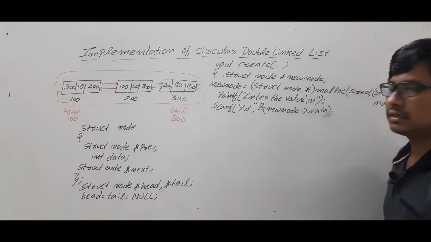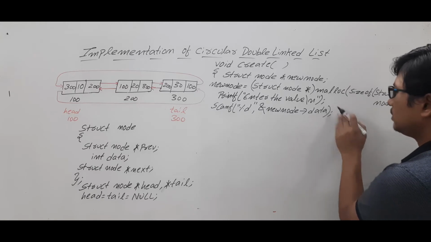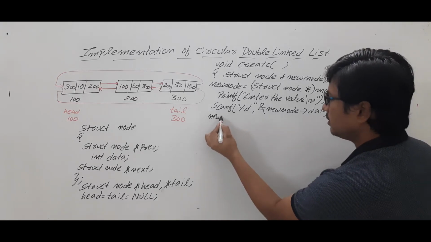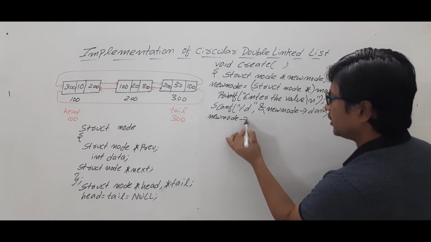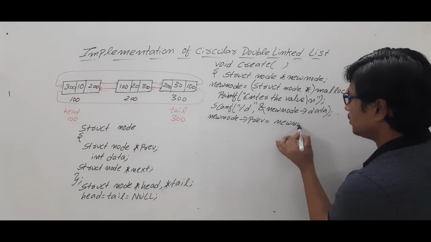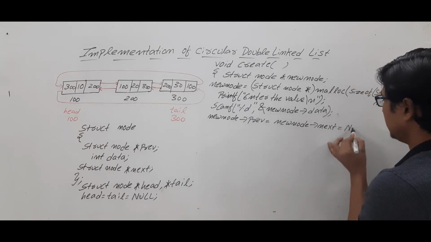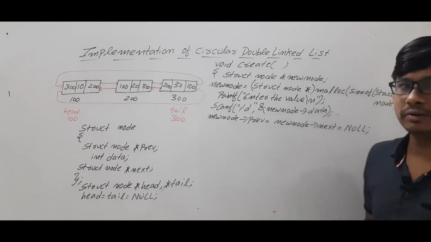Is it clear? Then I need to write new node of previous is equal to new node of next is equal to null. Are you able to understand?